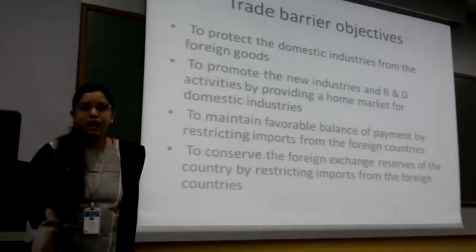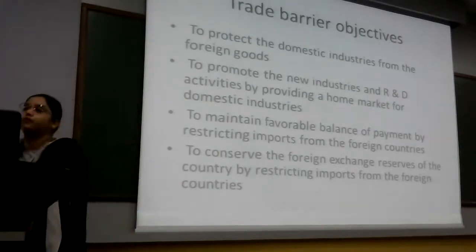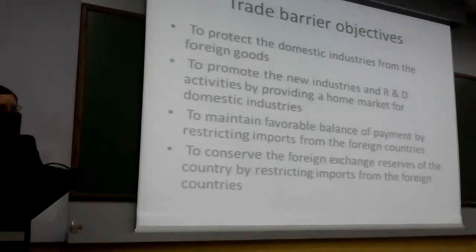If you start importing more and more, with no roadblock and no kind of trade barrier, obviously the foreign exchange reserve is going to be impacted because it is going to be less. As I said, more foreign exchange reserve, more beneficial for the nation.